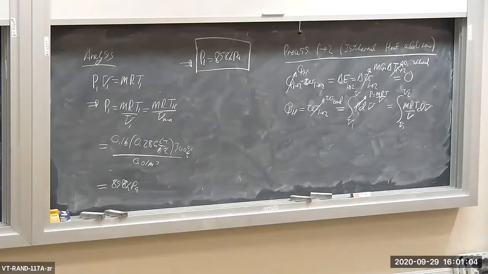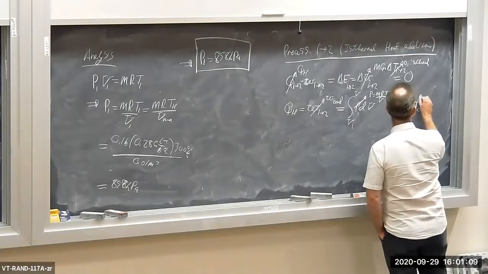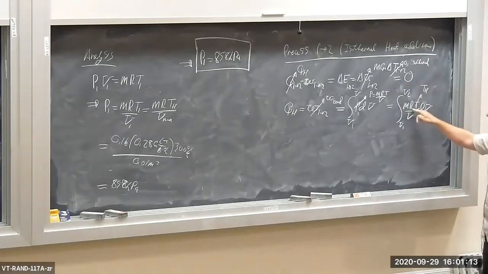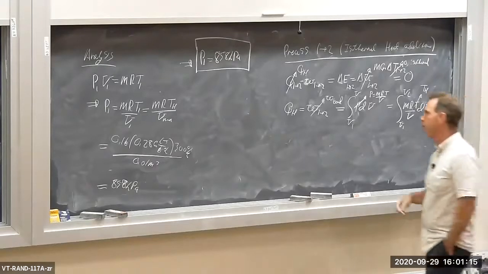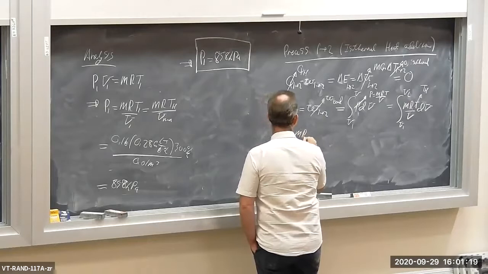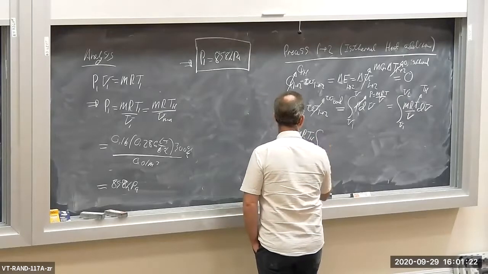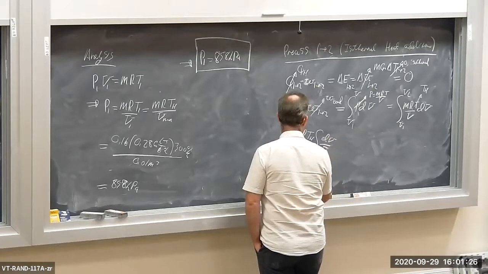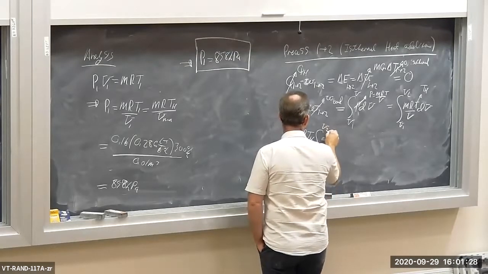Now this is an isothermal process. Temperature is at T high the whole time during the process. It's a constant. That means along with mR, I can pull those things out of the integral. So I get mRT high integral dV over V from V1 to V2.